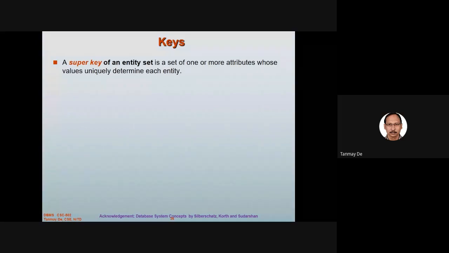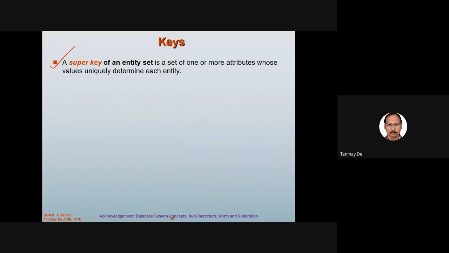So the next one is the key. The first one is the super key. What is a super key? Super key of an entity set. This super key term comes in the case of an entity set, in the case of a relationship set, and also when we talk about the relational model in the next chapter or throughout our syllabus. There we consider the table or relation, not a relationship.